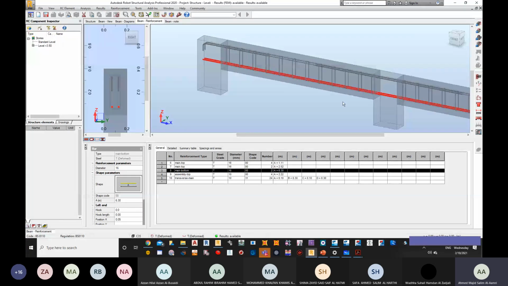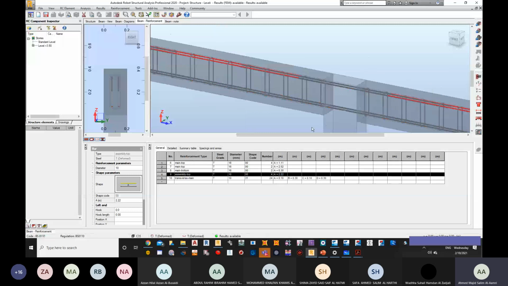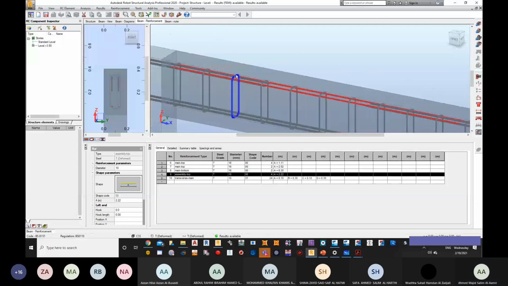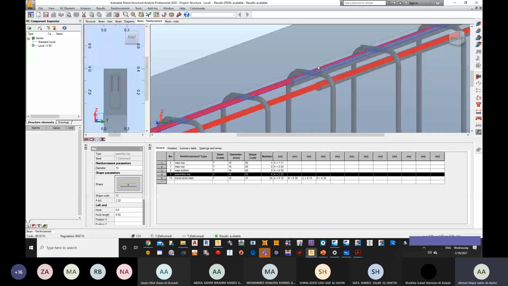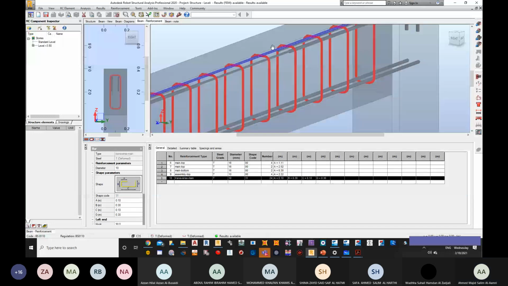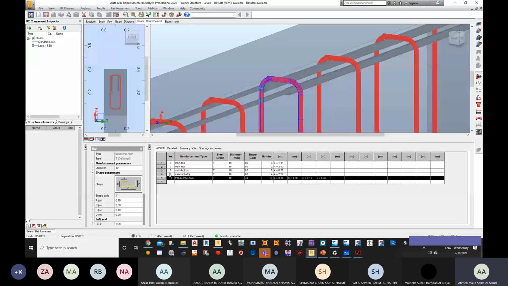Now you should know that the hanger bar is smaller compared to the main bar. So you can see that the hanger bars are smaller than the main bars, smaller than the main top. And then finally we have the transverse, which are your links. So these are our links. And then you can see that whenever we are talking about the assembly top, there is a region.